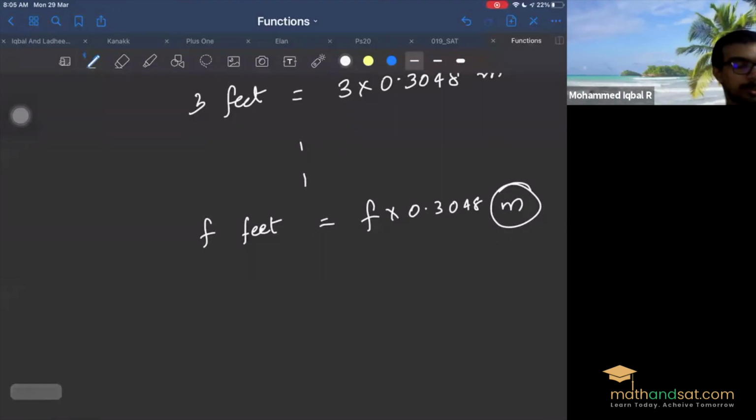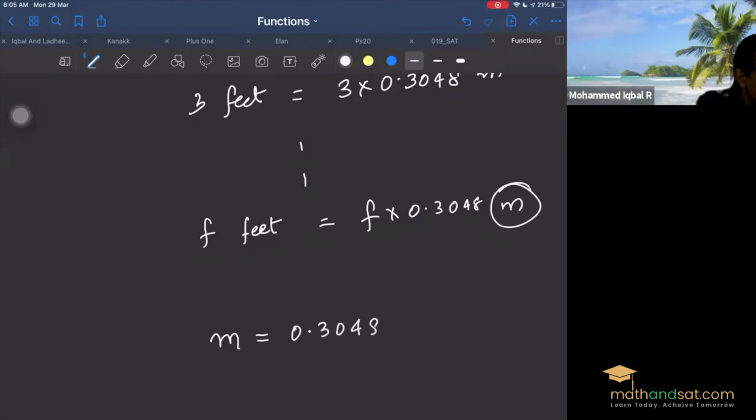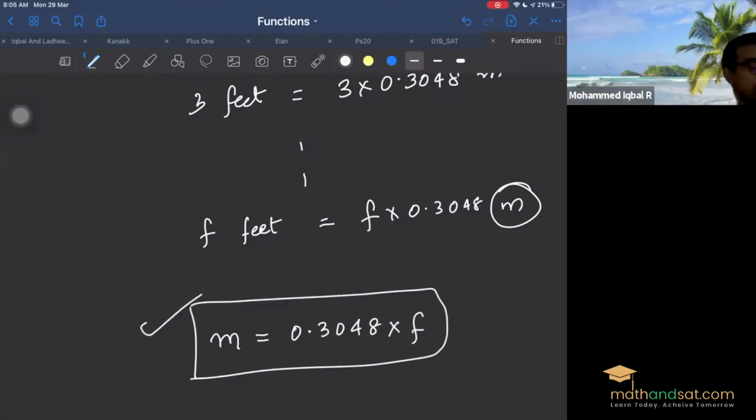So your quantity in meters will be 0.3048 times your quantity in feet. We have already seen this in the previous class. Unit conversions most of the time follow a direct variation, or direct proportionality.